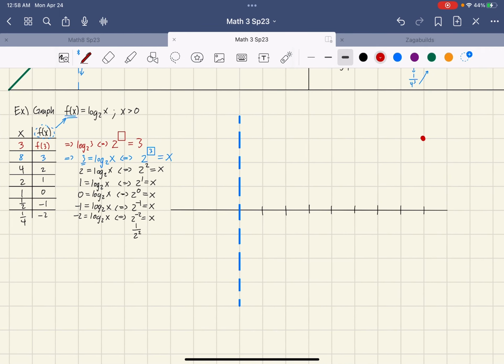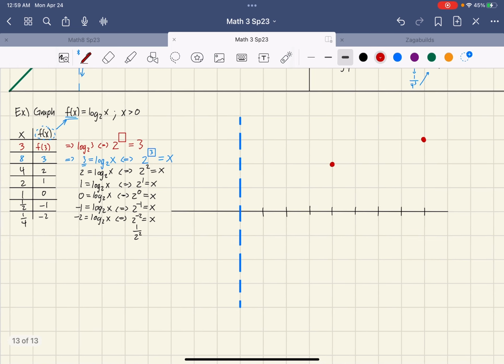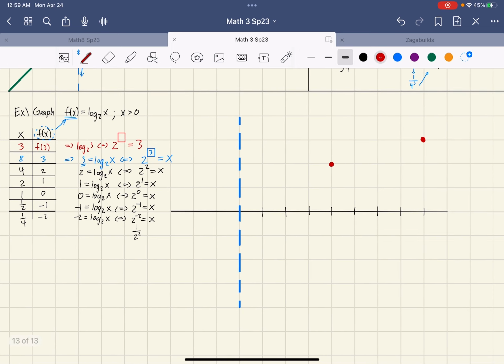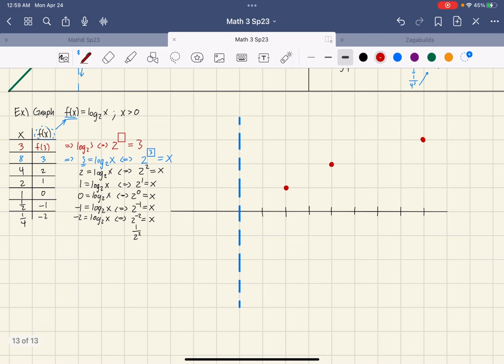Then we have 4 and 2. And then we have 2 and 1. Those are points we're getting. We also have 1 and 0. Again, this used to be that 0, 1 for exponentials, but this becomes that 1, 0 for logarithm. And then we have 1/2, -1.